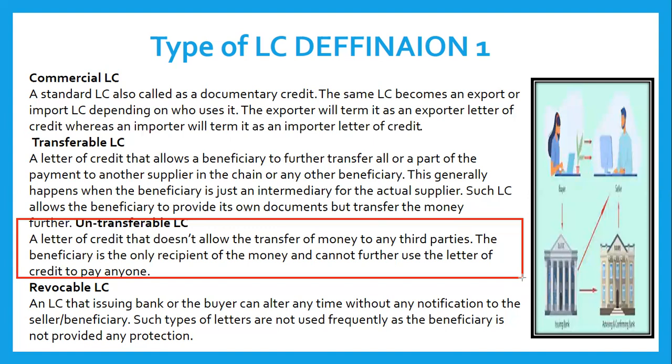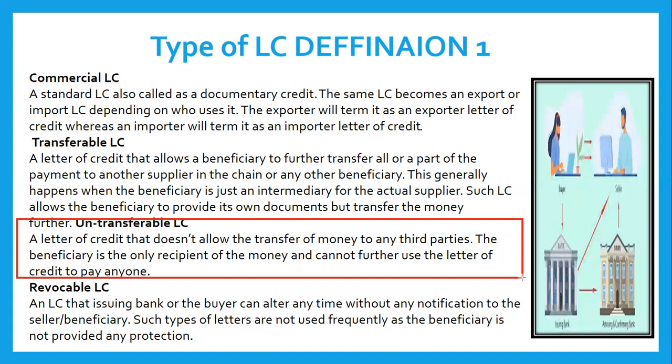The beneficiary is the only recipient of the money and cannot further use the letter of credit to pay anyone. The letter of credit cannot be transferred, and the money cannot be transferred on behalf of that letter of credit to a third party. Only the supplier will get the money. He is authorized in whose name the letter of credit is open.